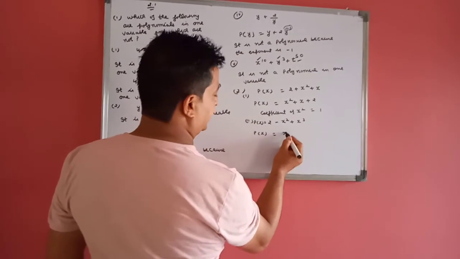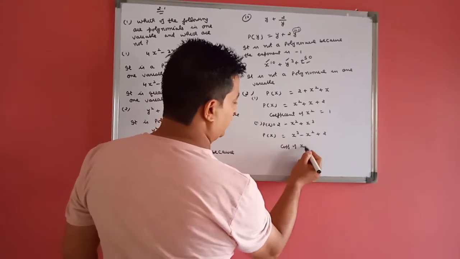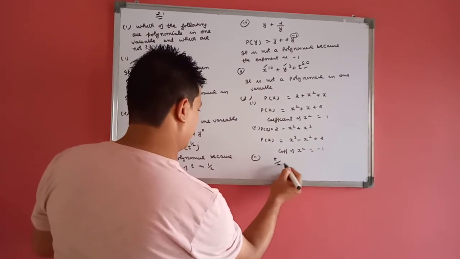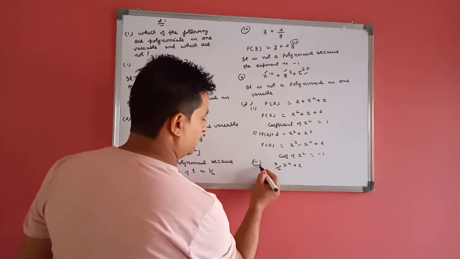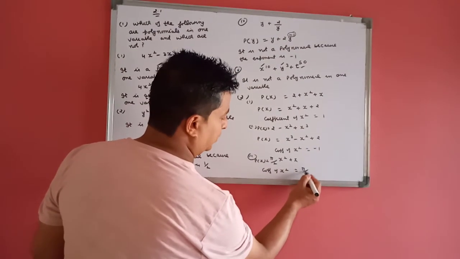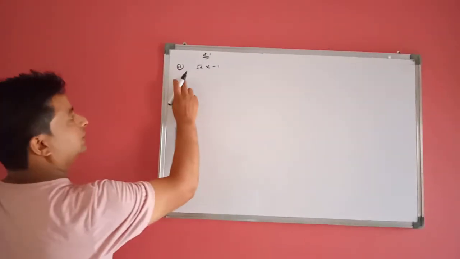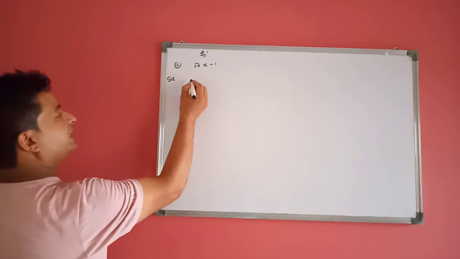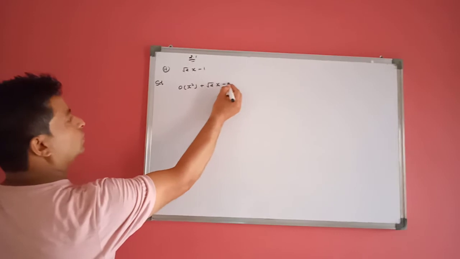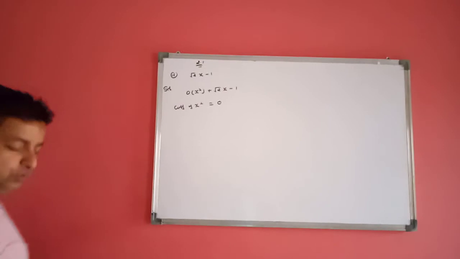We write it as x cube minus x square plus 2, so the coefficient of x square is minus 1. In the third, pi upon 2 x square plus x, the coefficient of x square is pi upon 2. In the fourth, the statement is under root 2x minus 1. We write it as 0x square plus under root 2x minus 1. In this, the coefficient of x square is 0.